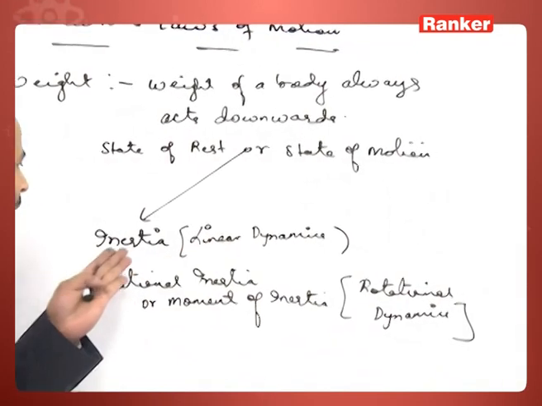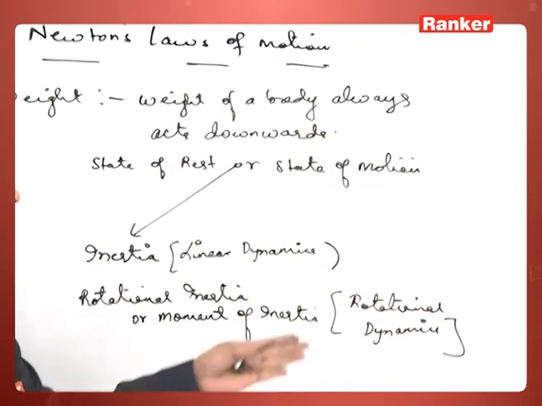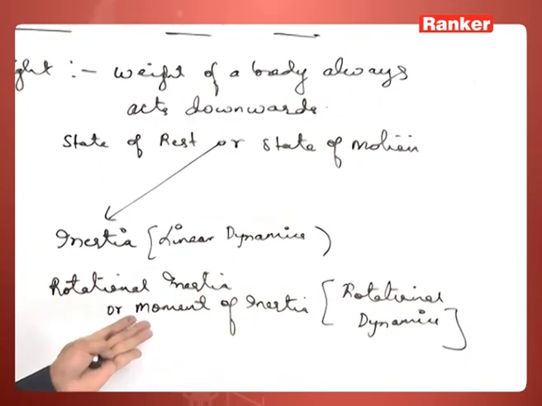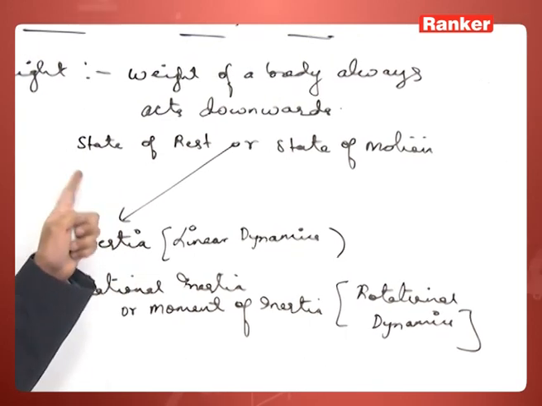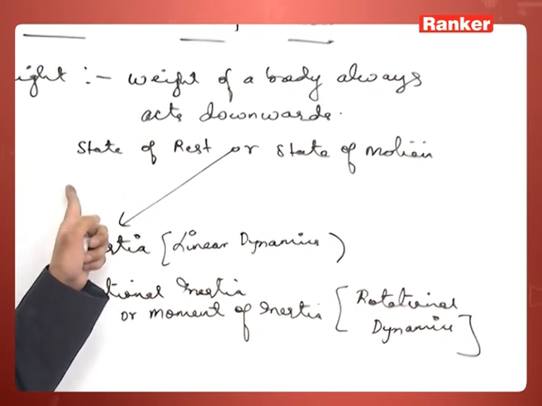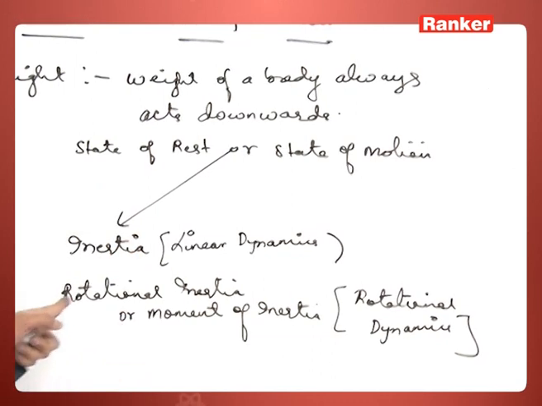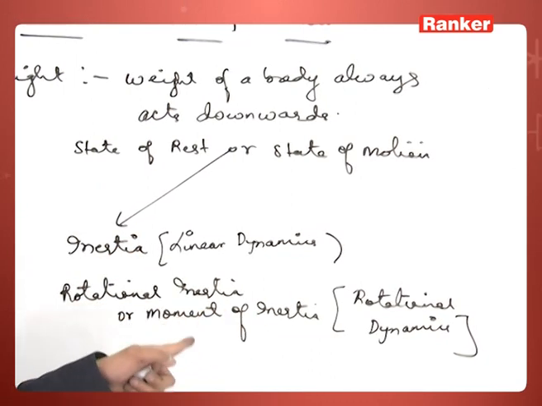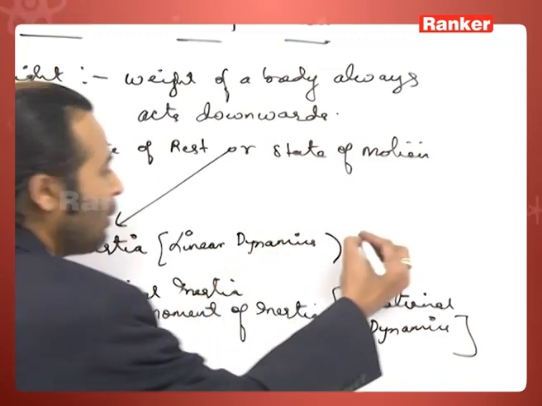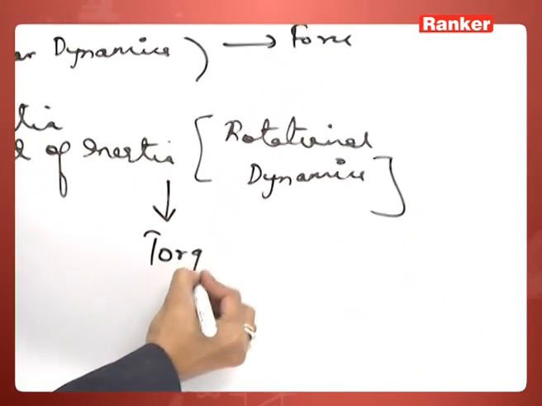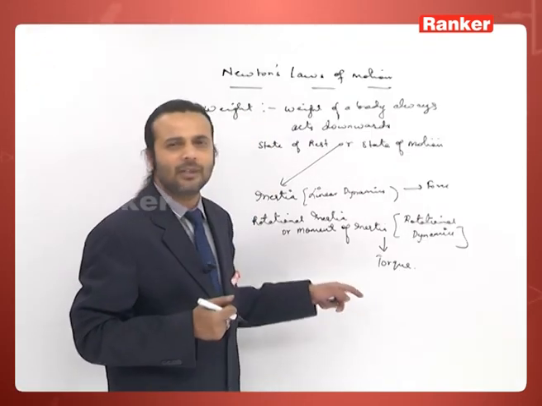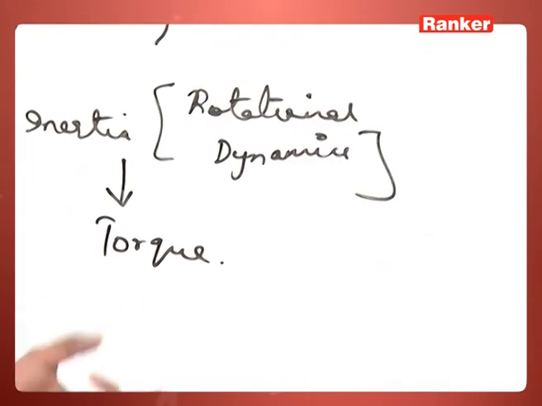That is, in linear dynamics we have inertia, in rotational dynamics we will have rotational inertia or moment of inertia. These two properties define how much amount of force or how much amount of torque. Here we have force and here we will have torque. When we discuss rotational mechanics, we will have this quantity torque coming into existence.